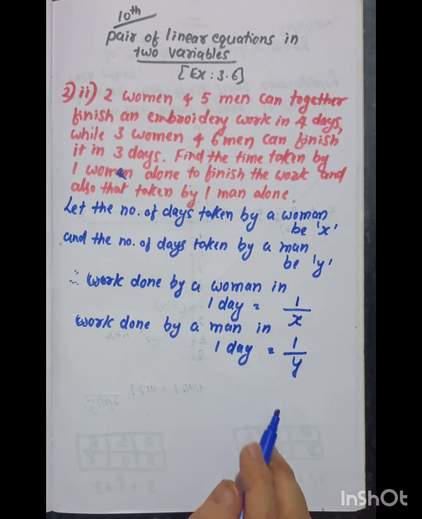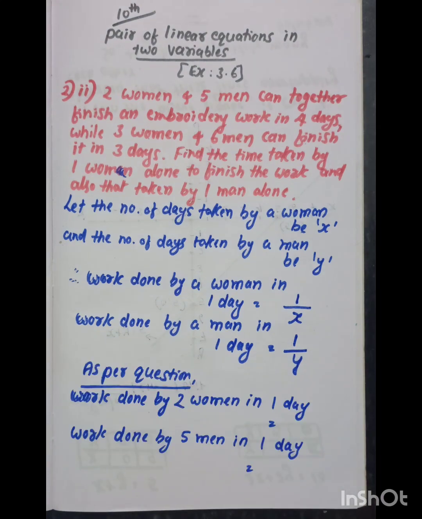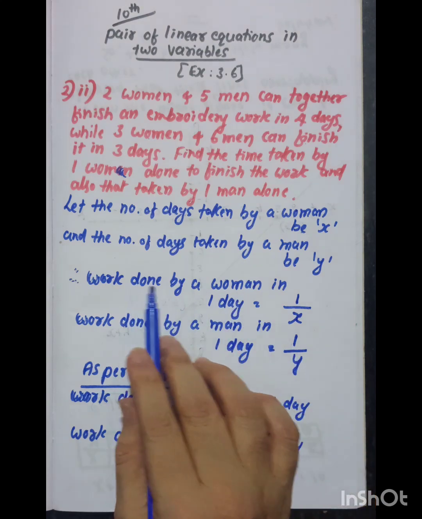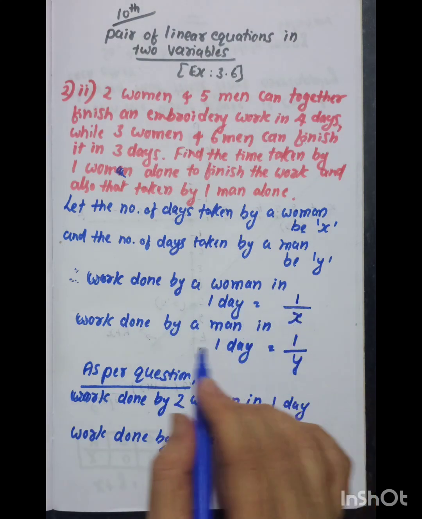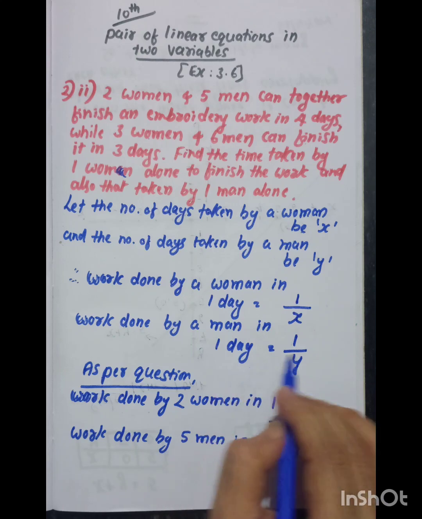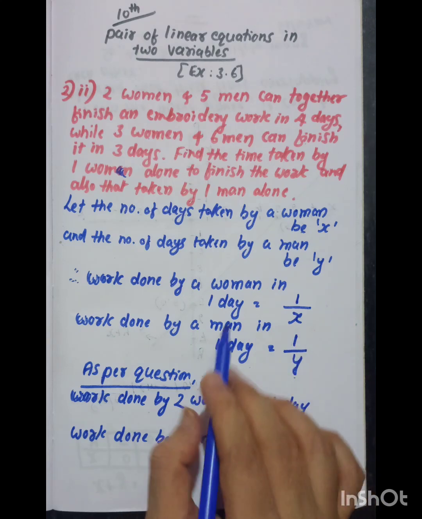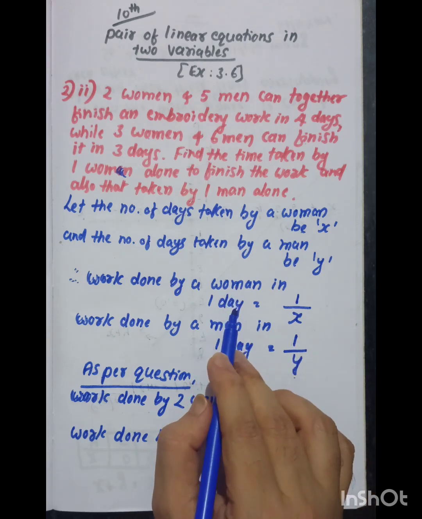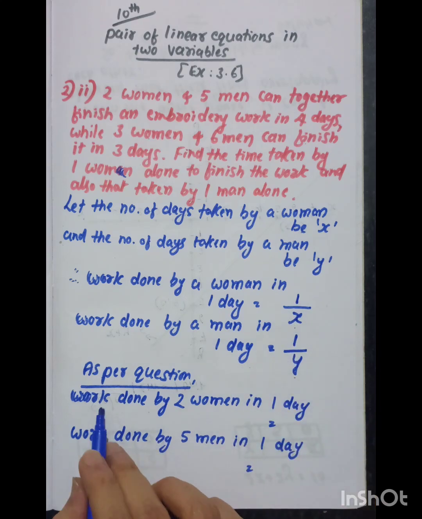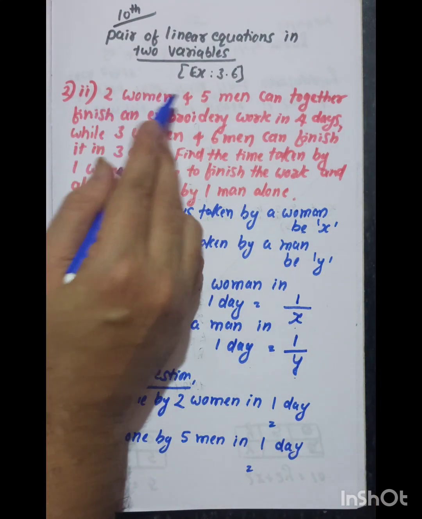Now as per the question, work done by a woman in 1 day is 1 by x, work done by a man in 1 day is 1 by y. So here 2 women and 5 men.